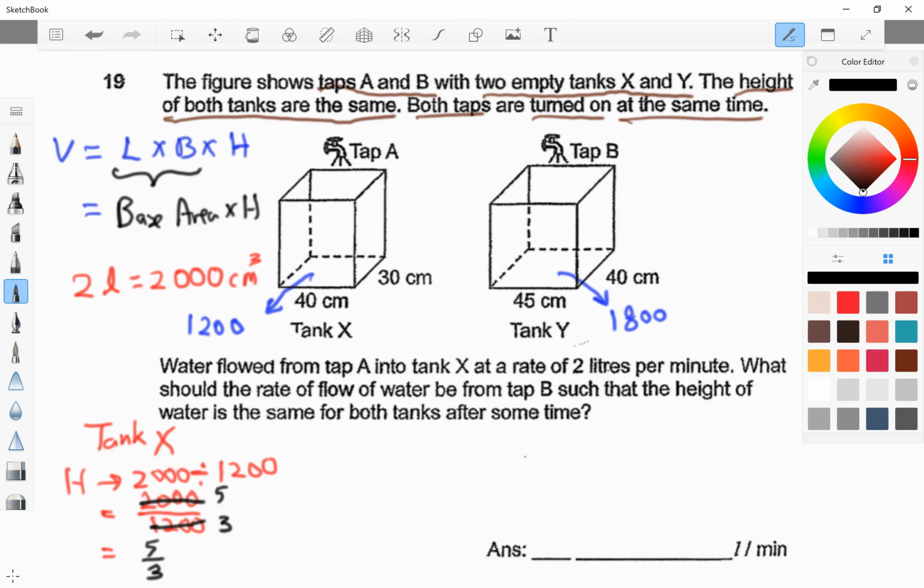And I noticed that the base area of tank Y versus the base area of tank X has a bit of a difference. What do I mean?